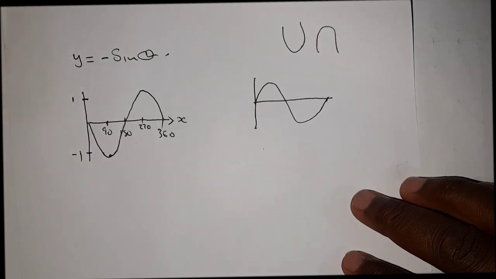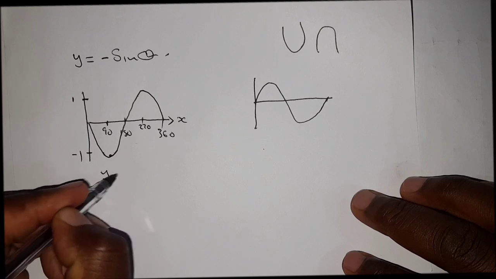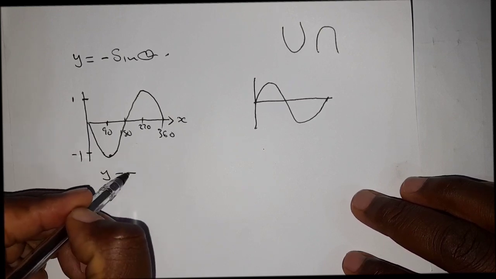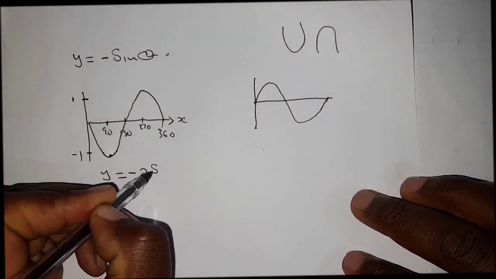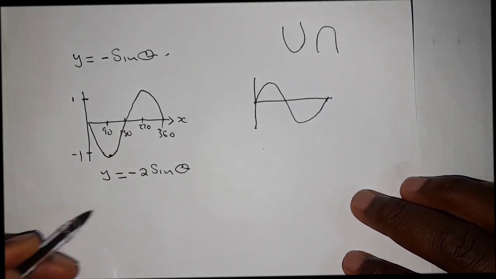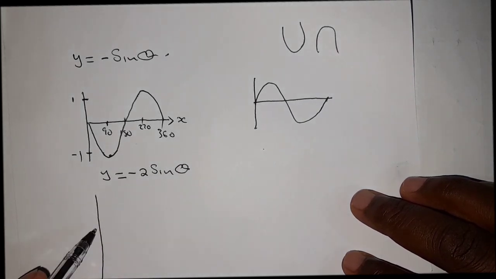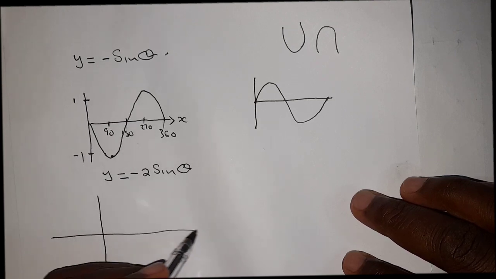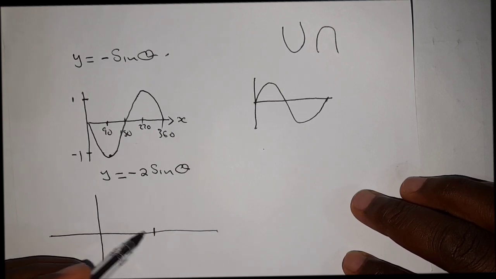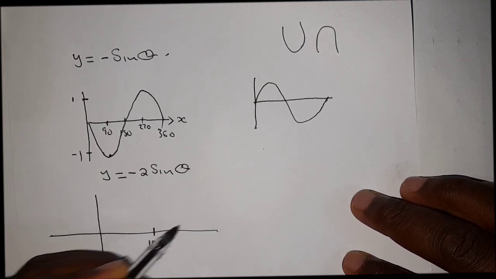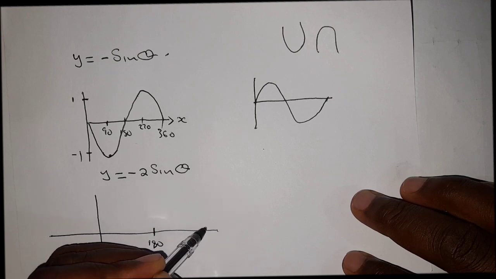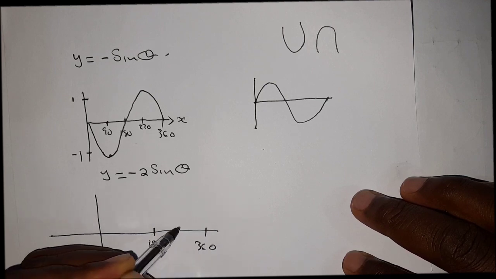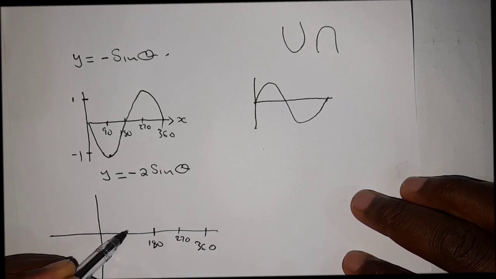Another one, y is equal to negative 2 sine theta. This is 180, 360, 270.